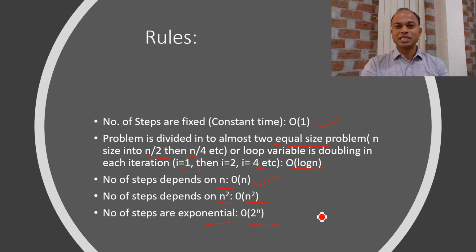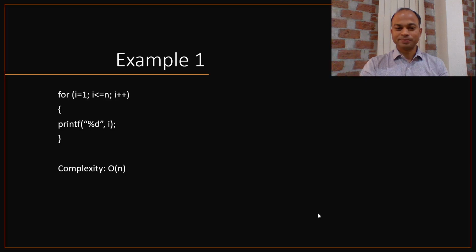Now I'm presenting a few examples so that we can calculate the complexity of the algorithm. Example number 1. Say we have a loop here and this loop executes n times: i equals 1, i less than or equal to n, i plus plus.